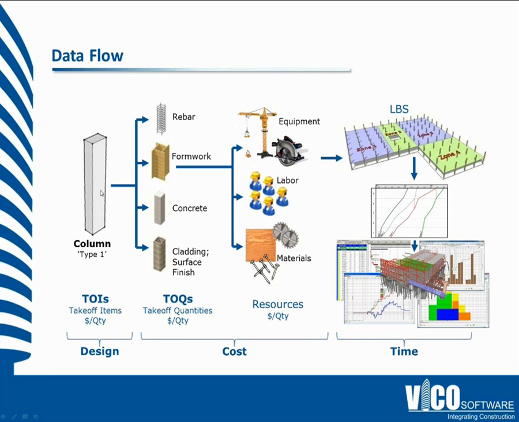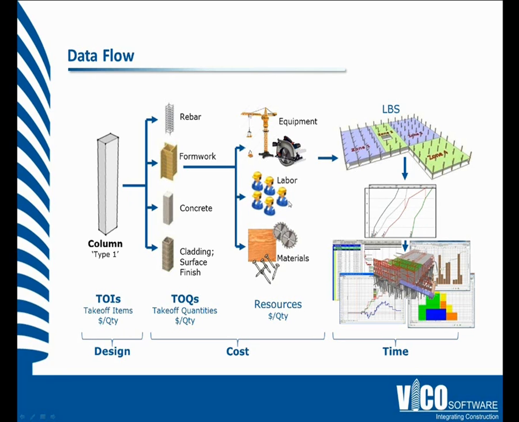Regardless, whenever the design is changing, that will flow back through the system, and the resource loaded, cost loaded schedule will be automatically updated. So a lot of the manual work that is required in both cost planning and in schedule planning control is automated, allowing the estimator and the scheduler to spend time on more high-value activities, focusing on optimization.